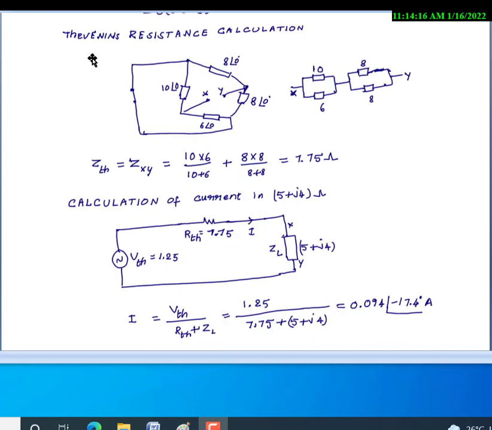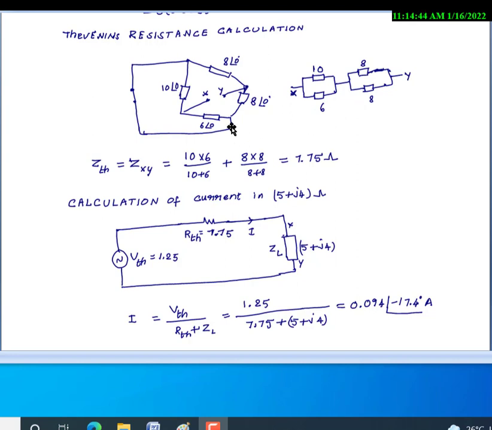The next step is calculation of the Thevenin's resistance. To get the Thevenin's resistance, short circuit the voltage source, that is the 10 volt source, and open the terminals between X and Y. Then rearrange the circuit. This point and this point are one and the same, so we draw the circuit like this.